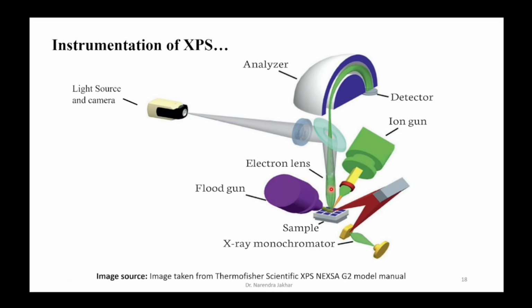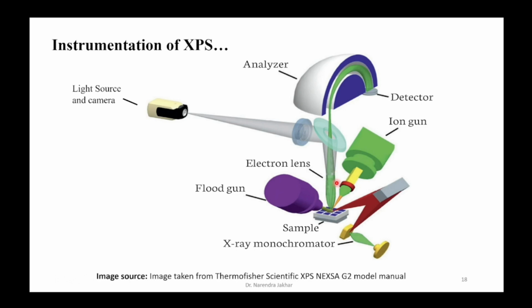These ejected electrons make a beam and are accelerated through this electron lens assembly to the analyzer, and at the other end of the analyzer there are detectors to detect the kinetic energy or binding energy of the coming out electrons.